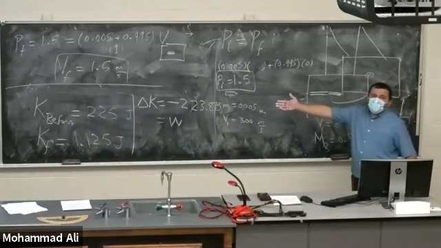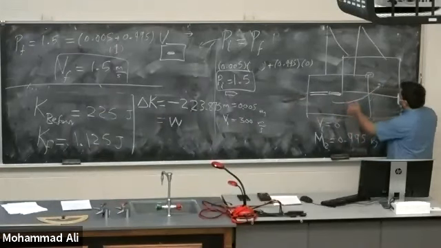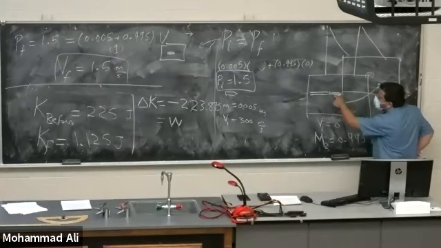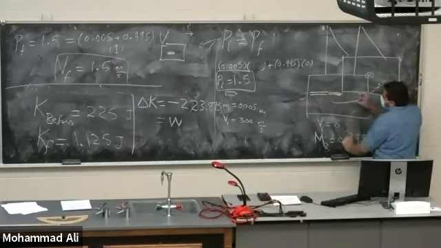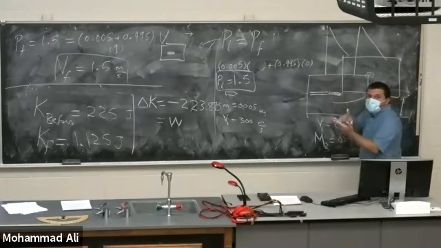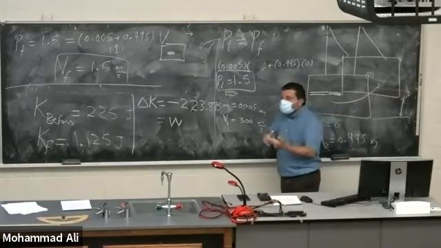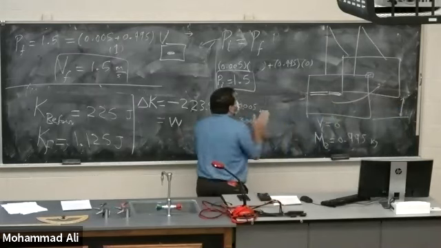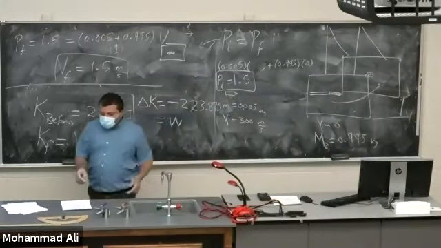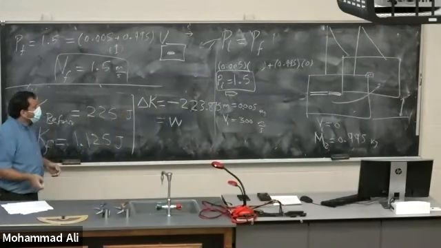We lost all of this energy because the bullet changed the shape of the block in this place. It dug a hole. Also, there is a sound. There is heat. There is a friction force. That's all for today.